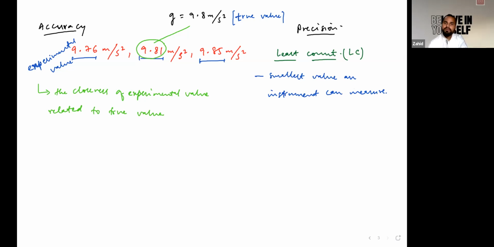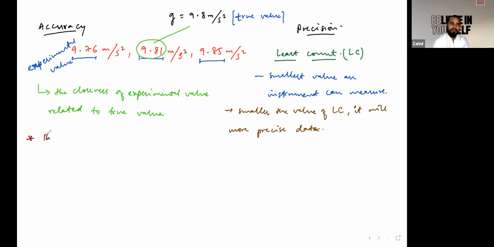So smaller the value of least count, it will give you more precise result. So smaller the value of least count, it will be more precise data. Or you may define precision and accuracy on the basis of number of significant figures.